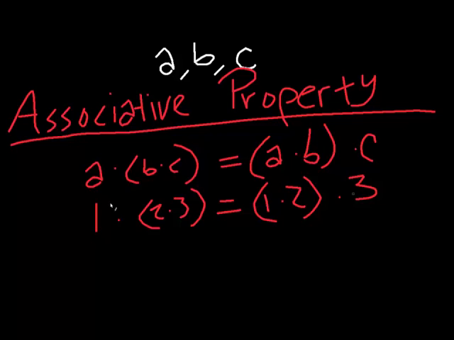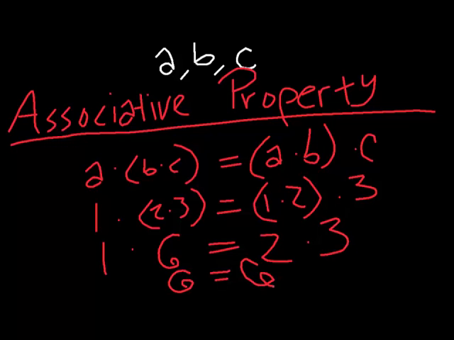So 2 times 3 in here is going to equal 6 times 1, which equals, in here, we're going to have 2 times 3, 6 equals 6. Okay, guys, so it doesn't matter which variables associate with each other. As long as they all get multiplied, the associative property tells us that it's going to be the same.